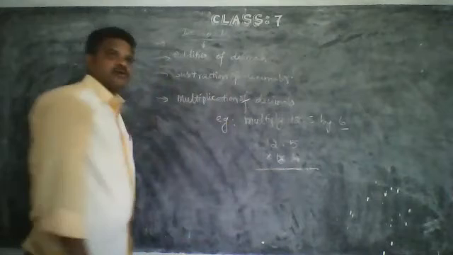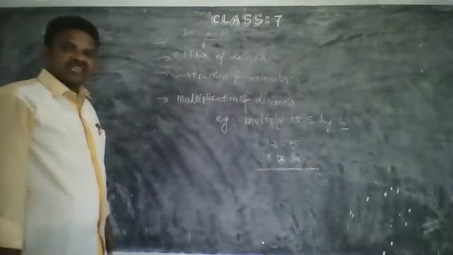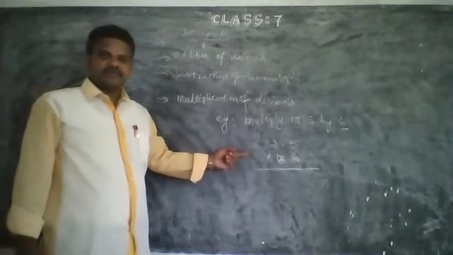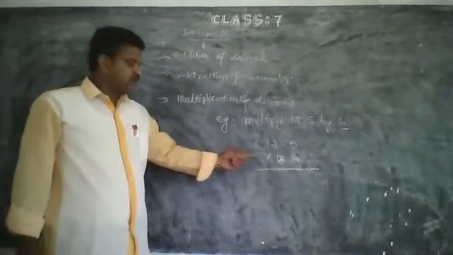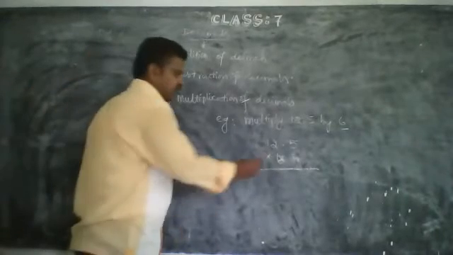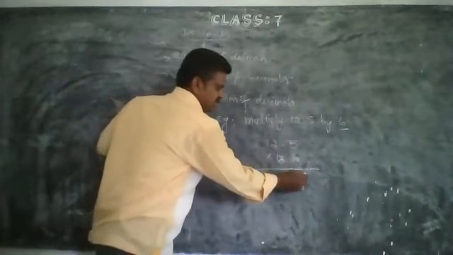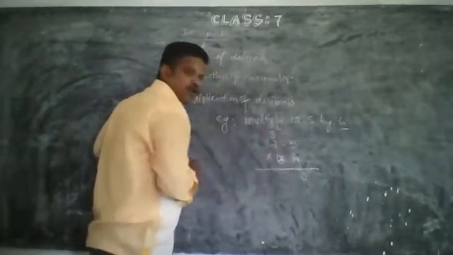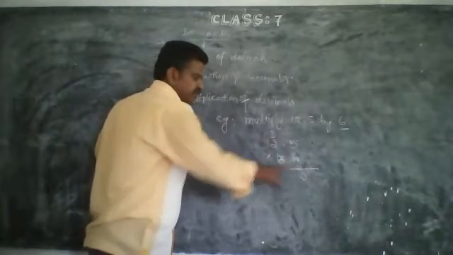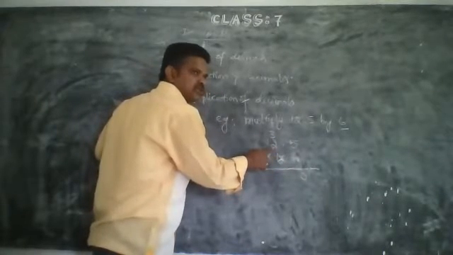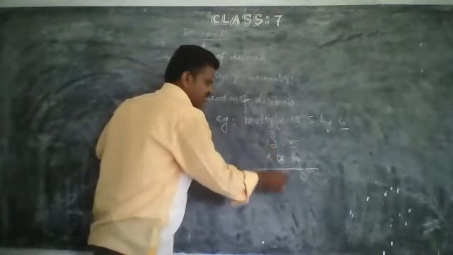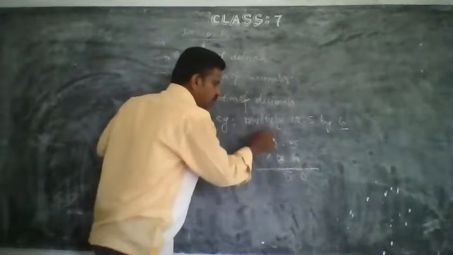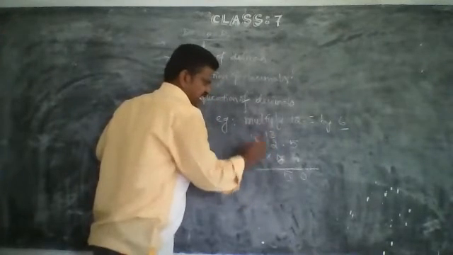Okay. Clear this for everyone? Right. 6 5s are 30, write 0 and carry over 3. Next, 6 2s are 12 plus 3 is 15. 6 1s are 6.